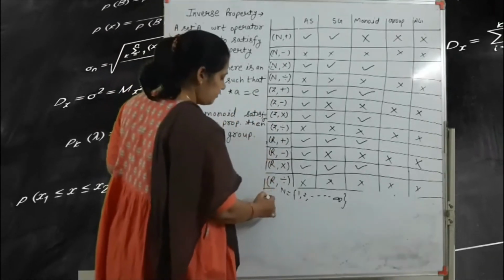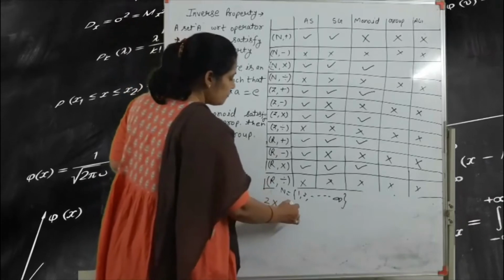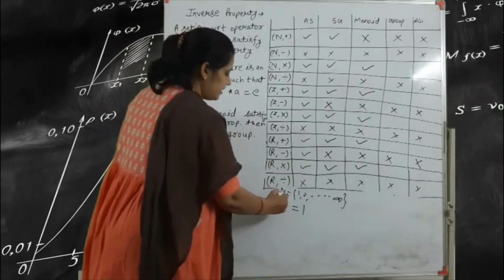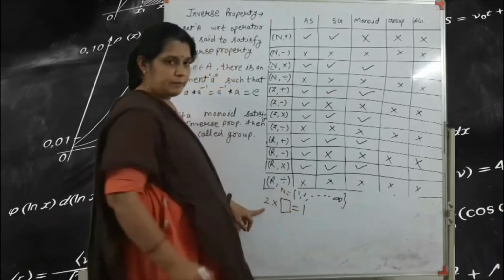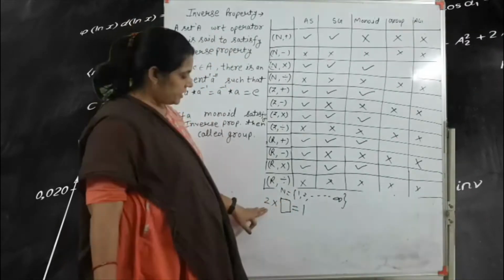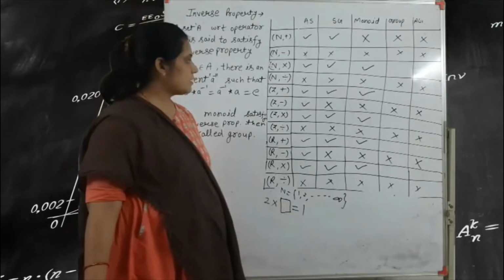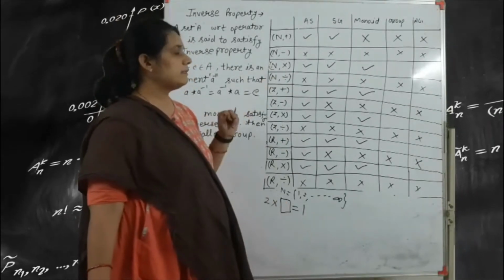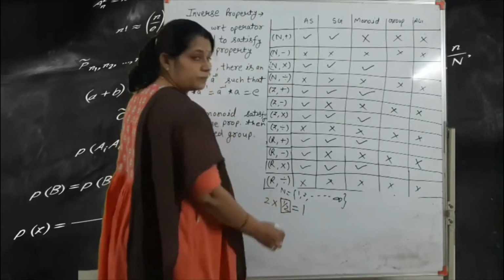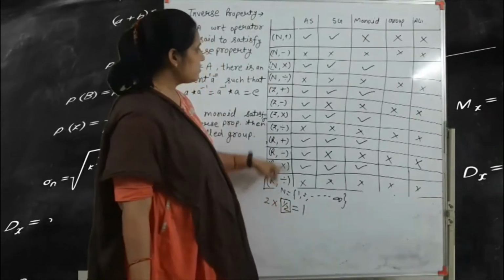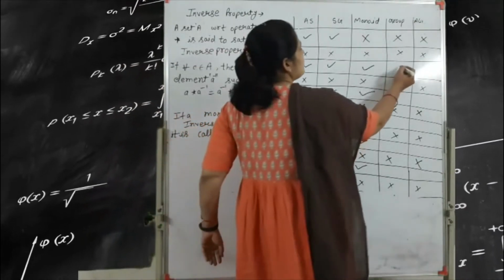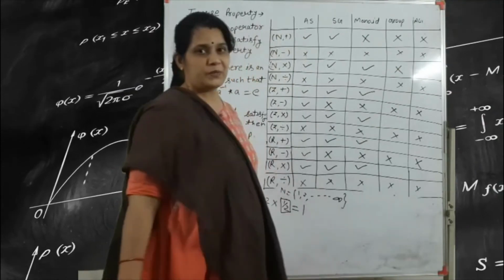That means if we consider 2, we get the identity element 1 because the operator is multiplication. So 2 into which number is equal to 1? Obviously 1 by 2. Got it? But 1 by 2 is not present in the natural number set. Okay, that means this does not satisfy the group.